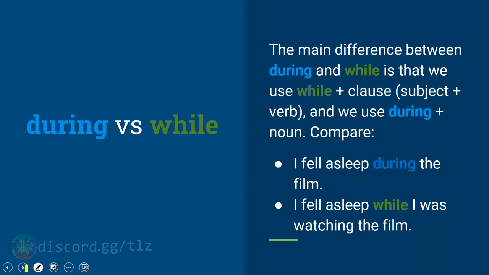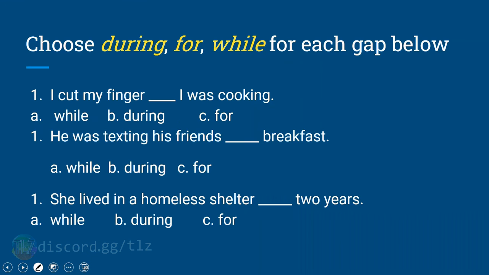Two different things. So while is used, I mean, it does feel like you can interchange them, but people make that mistake. I do that too sometimes. But you have to remember, while is used with a clause, that is a subject and a verb, and during is used with just a noun.